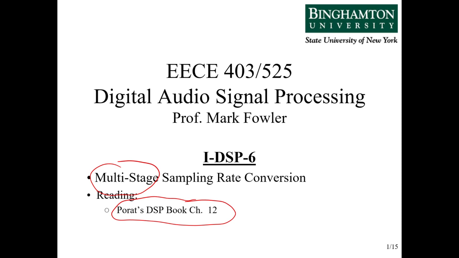And as I said, the reason we're covering this multi-rate stuff is that there are some places in digital audio processing where we're going to need to change sampling rate. Take it up, do something, bring it back down, things like that.